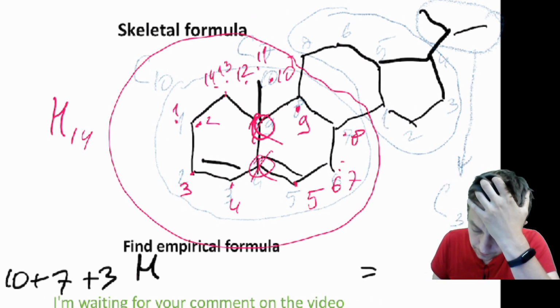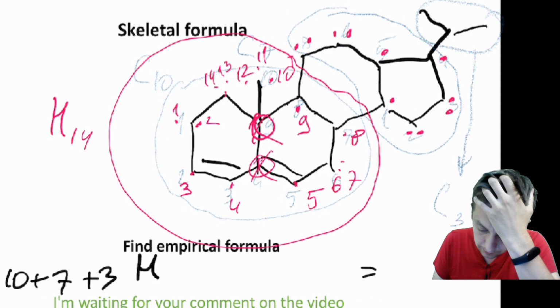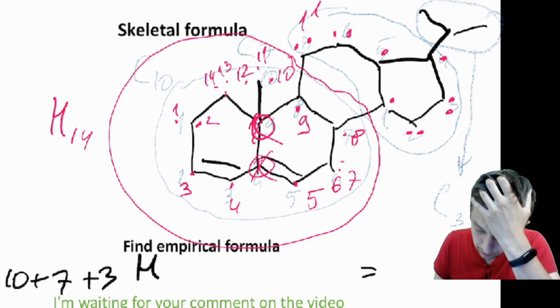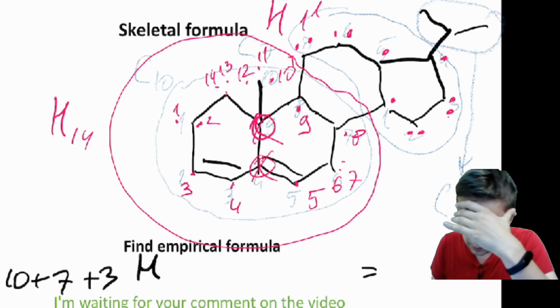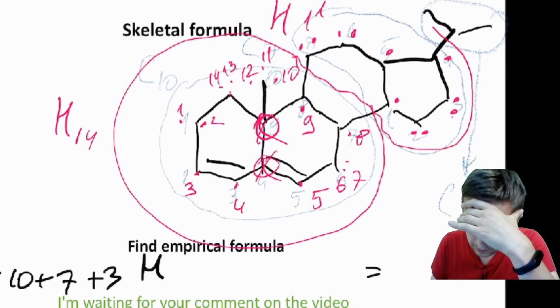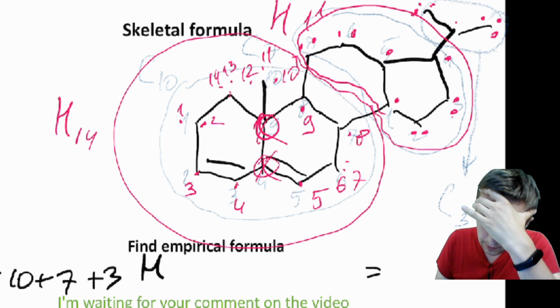Second fragment: 1, 2, 3, 4, 5, 6, 7, 8, 9, 10, 11. Let's count again: 1, 2, 3, 4, 5, 6, 7, 8, 9, 10, 11. H11. And the last fragment: 1, 2, 3, 4, 5, 6, 7. H7.